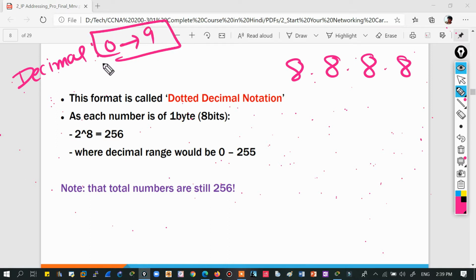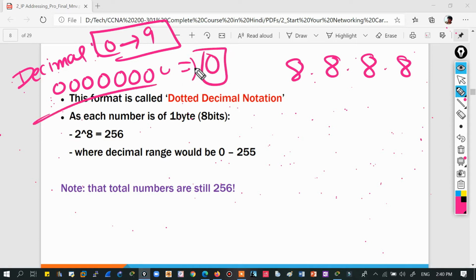What is the minimum decimal number? It is 0, and no matter how many times you write 0, it is again 0. And what is the maximum decimal number? 99999, like that, it can be up to infinite.